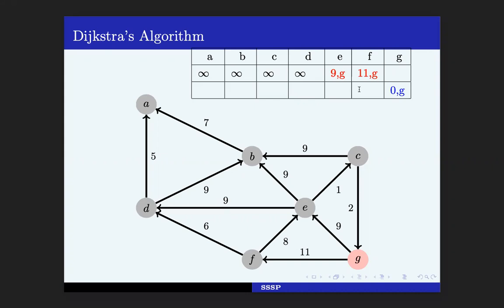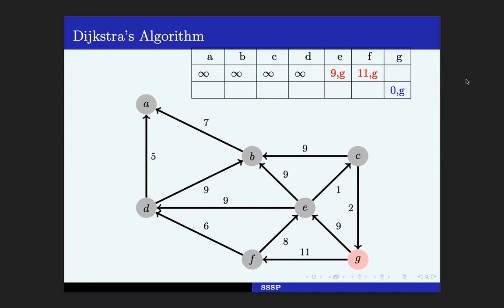Now this is my state. From the set of all vertices that have something in the second row, which is currently just G, look at all the vertices which can be reached in just one move from one of those vertices.